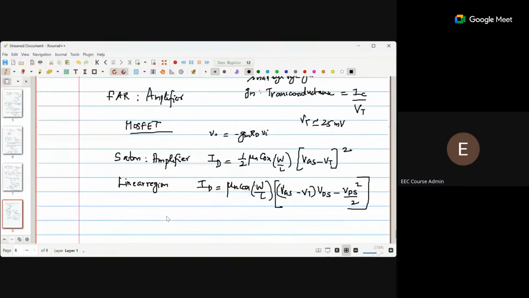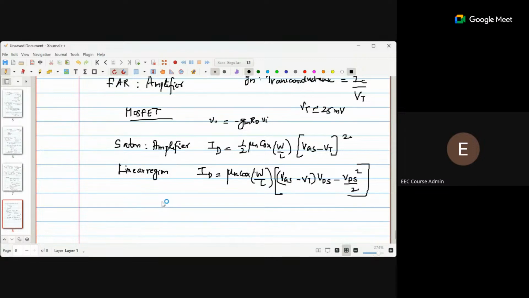And now, what is that overdrive voltage or saturation voltage? It will be VGS minus VT. The VDS sat is VGS minus VT.